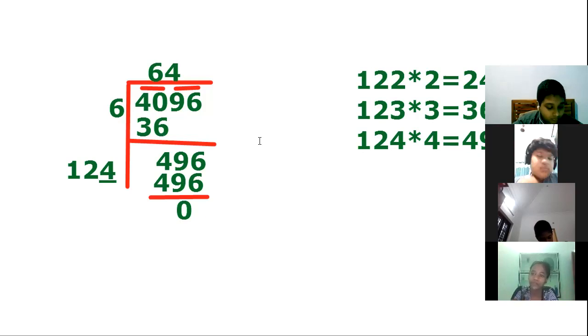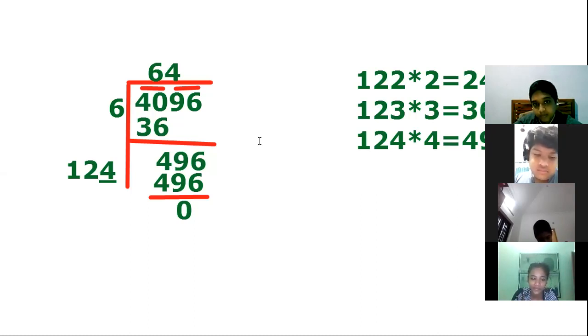Here the number under the leftmost bar is 40, and we know that 40 lies in between the two square numbers 36 and 49. 36 means 6 square and 49 means 7 square. That's why we have chosen the number as 6 here.